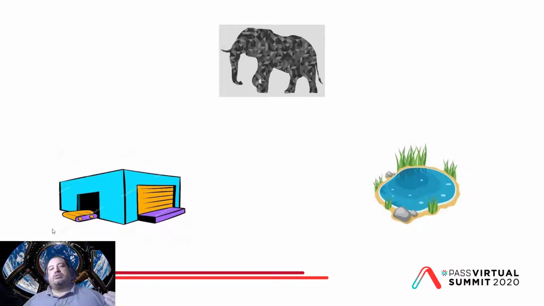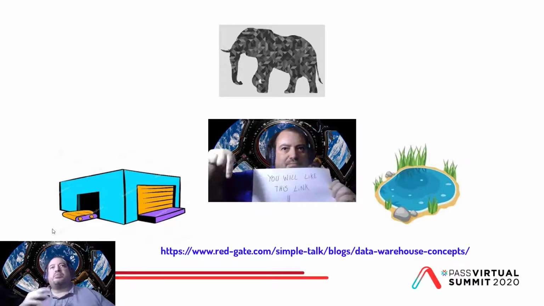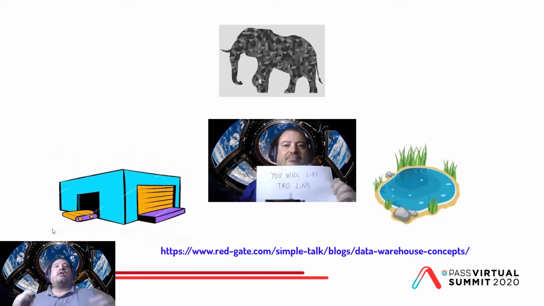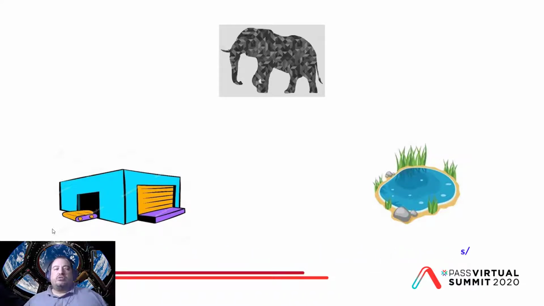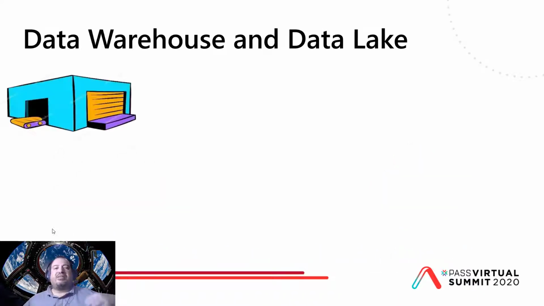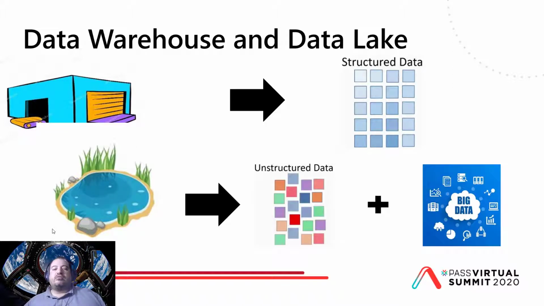Data warehouse is a storage for structured data, although that's not totally true, but I will not go deeper on this subject. I wrote an article about this. You can read on the link. And data lake is for unstructured data. So many speakers already talk this way, although it's not very precise. So data warehouse is for structured data and data lake is for unstructured data and big data.